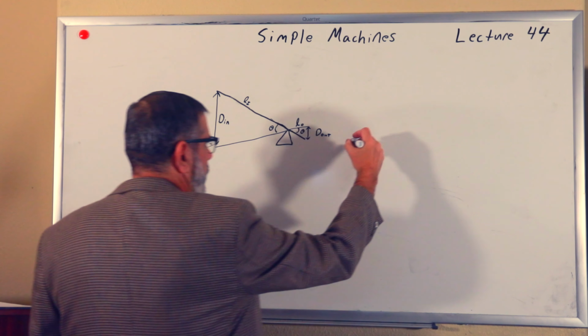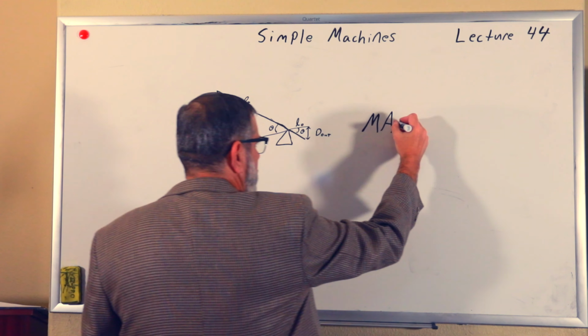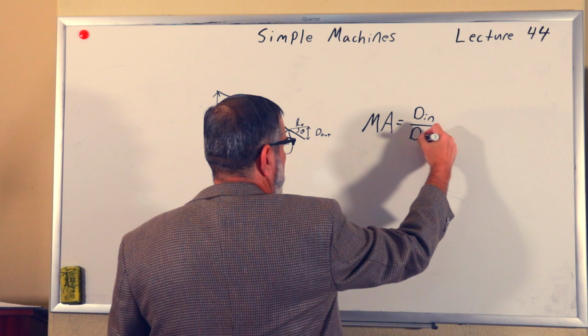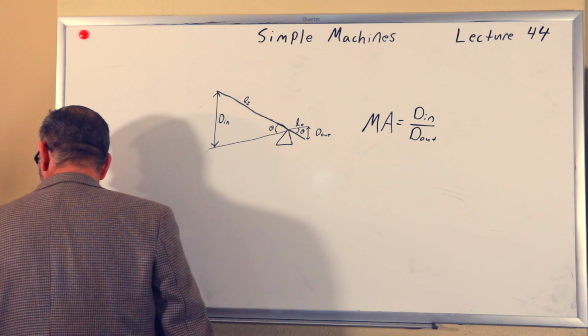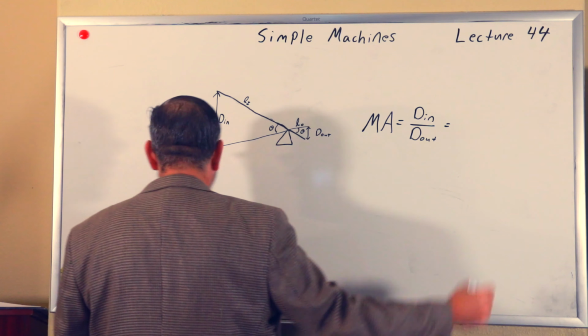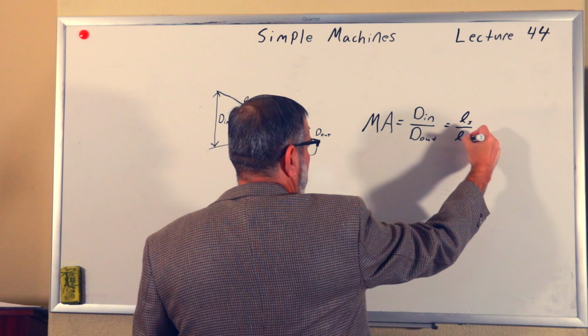And so the mechanical advantage, which we'll just write as MA, is equal to D in divided by D out, which is also proportional to L in versus L out.